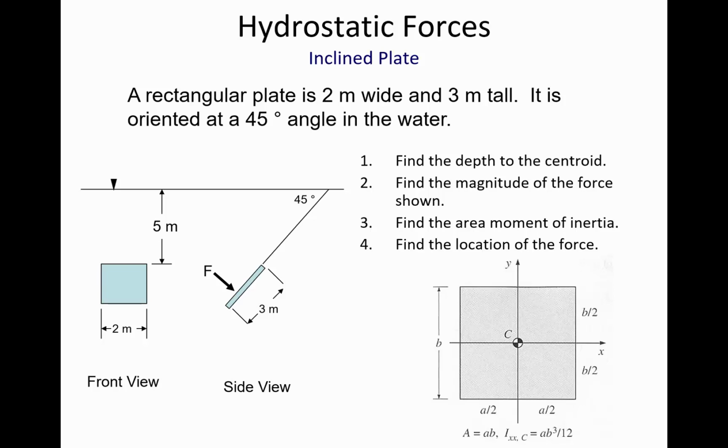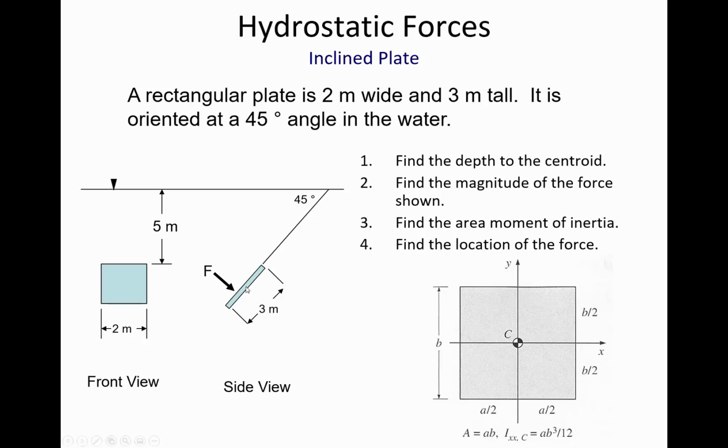And we want to know the depth of the centroid. So 1 is asking for the delta H, the vertical distance from the centroid to the water surface. It's at a 45-degree angle, and that means you can start to use your geometry.